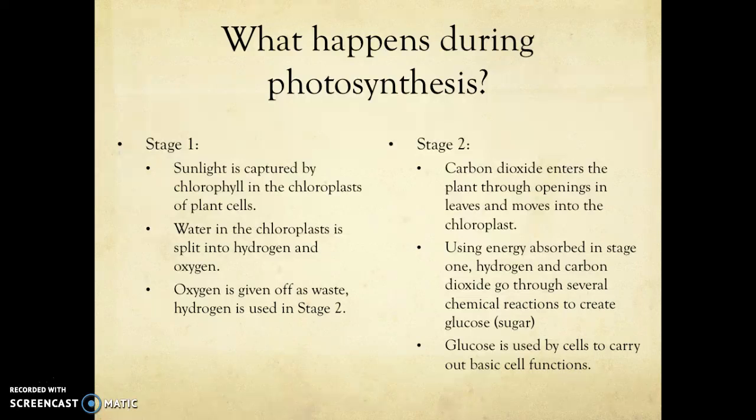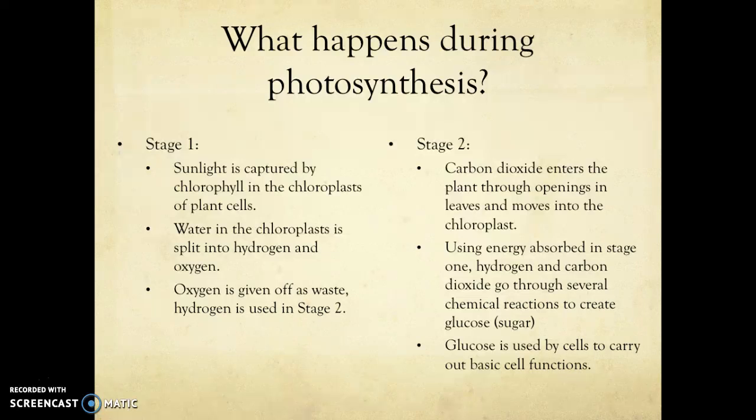So I know I just talked a whole lot through that, and I'm hoping I didn't leave any of you too incredibly lost. But basically the important things to remember, I'm just going to go through in order quickly. Sunlight gets captured by the chloroplast. Water in the chloroplast is split into hydrogen and oxygen.